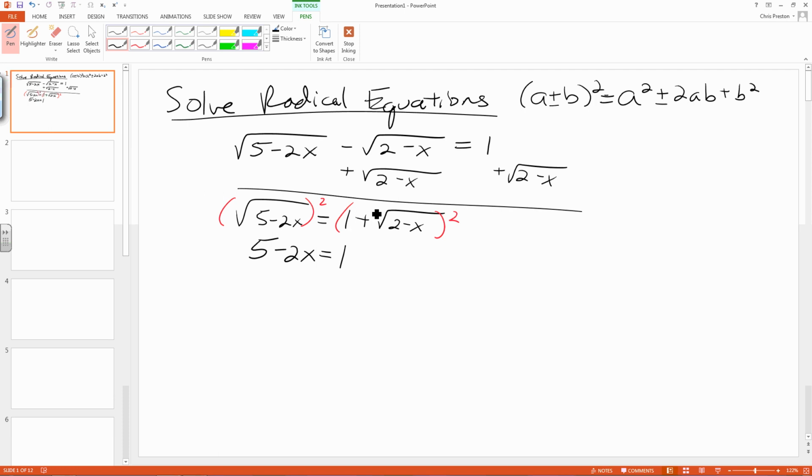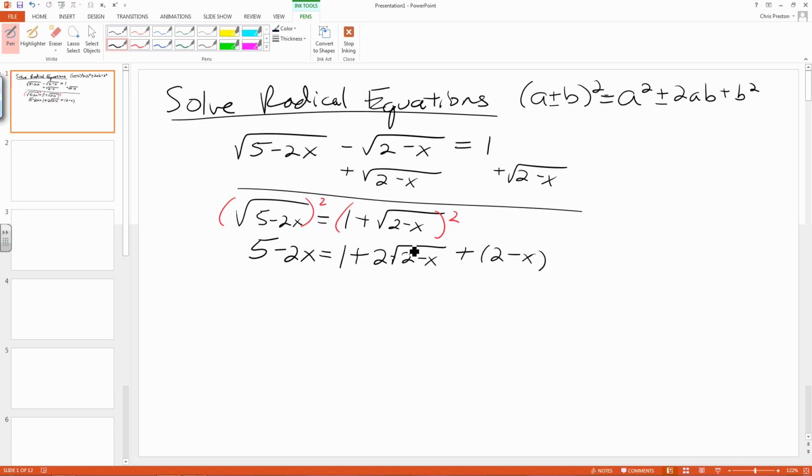That's going to be the first term times the second term times 2, so 1 times 2 times the root is going to be 2 times the root. And then it's going to be the second part of this expression squared. So square the square root, and you're going to get what's inside, 2 minus x.